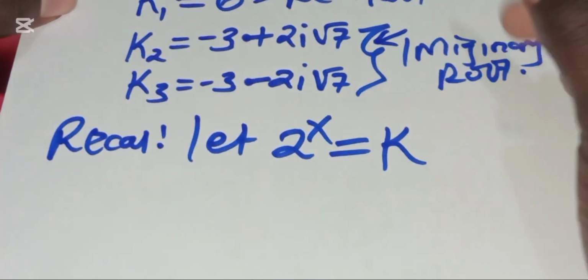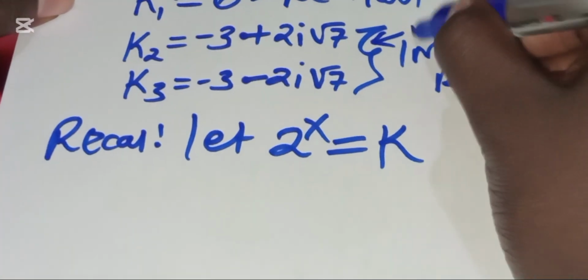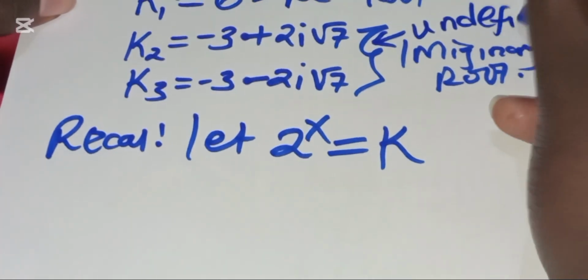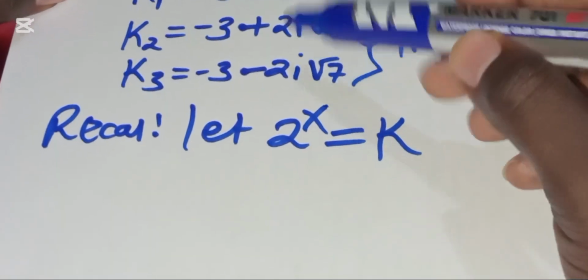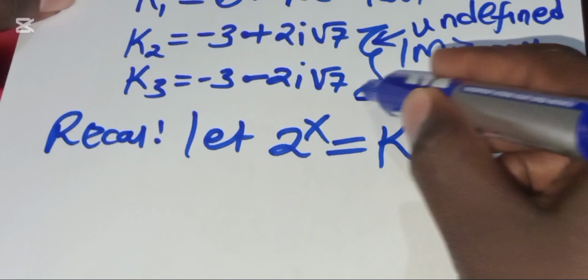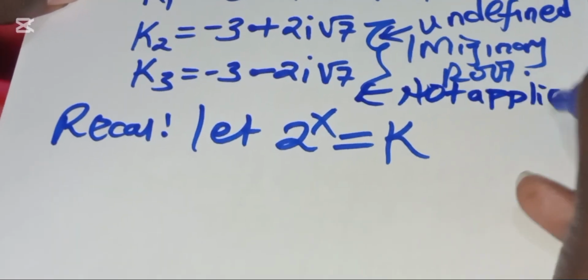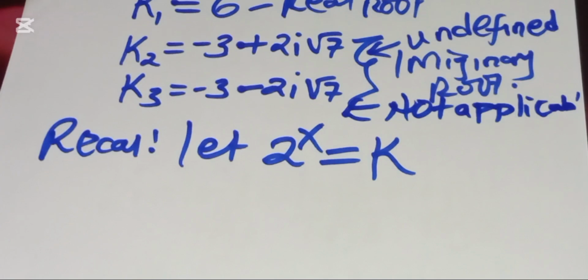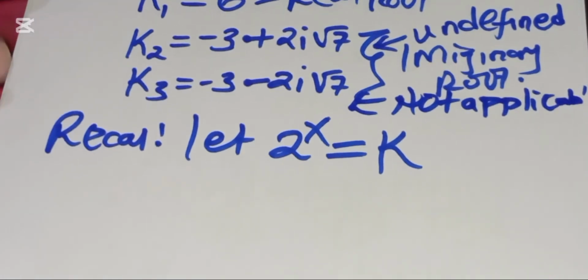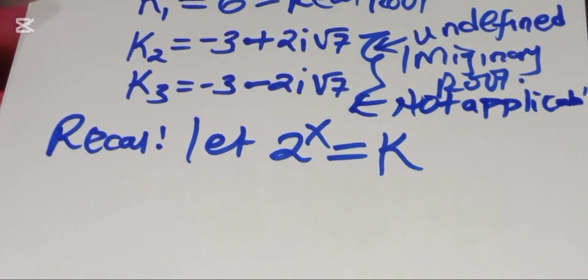Because if you get the logarithm of a negative number, this is actually undefined, and therefore k2 and k3 will not be applicable to determine the value of x. So basically, we are going to use only the real root, which is equal to 6.